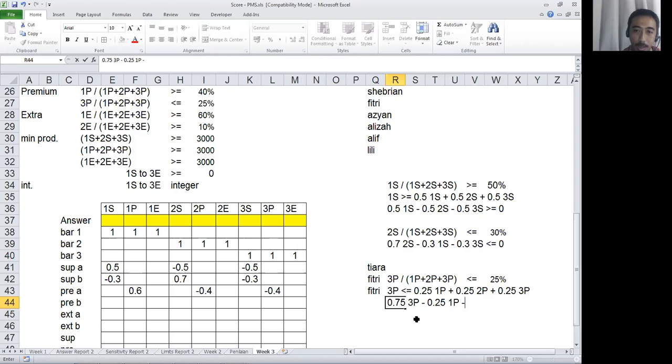Minus 0.25 2P. Okay, good. Then minus again. Yes, maybe minus, yeah. Minus what? 0.25 3P.